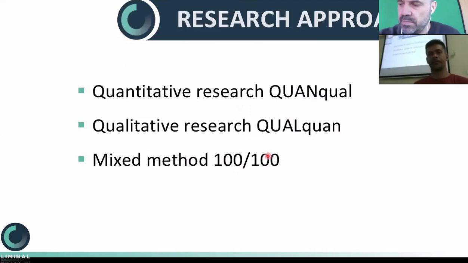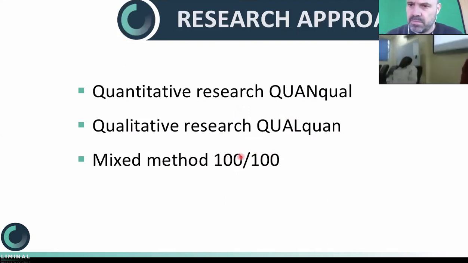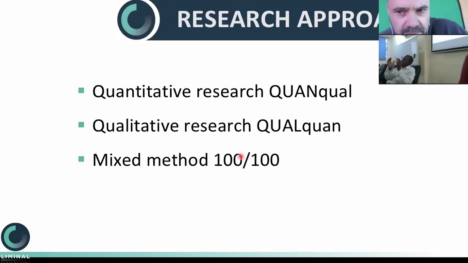Question: is it 100 by 100? Does it mean that if you are being quantitative and your number of respondents is, say, 100, then with the qualitative, the number of people that you are going to interview is also going to be 100?